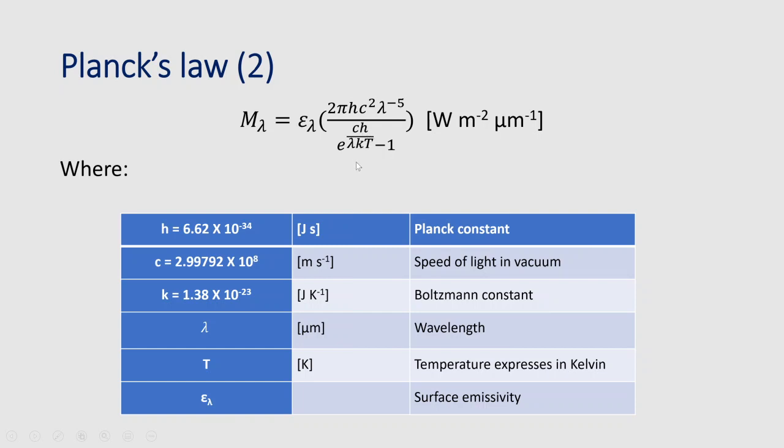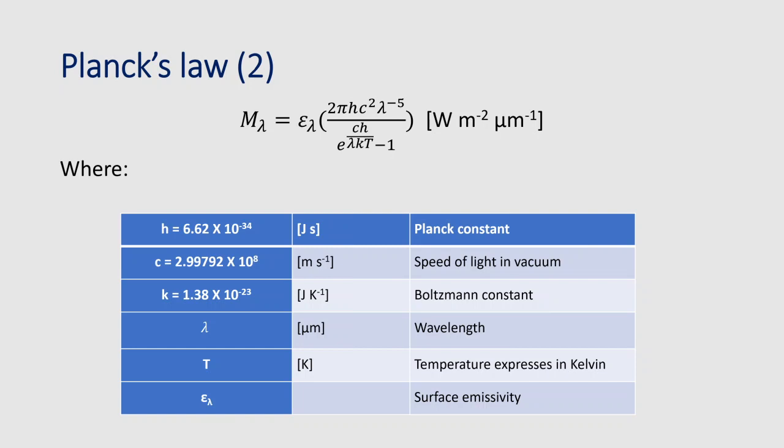The only things that are not constant are lambda and capital T. So there are only two unknowns: wavelength and temperature.